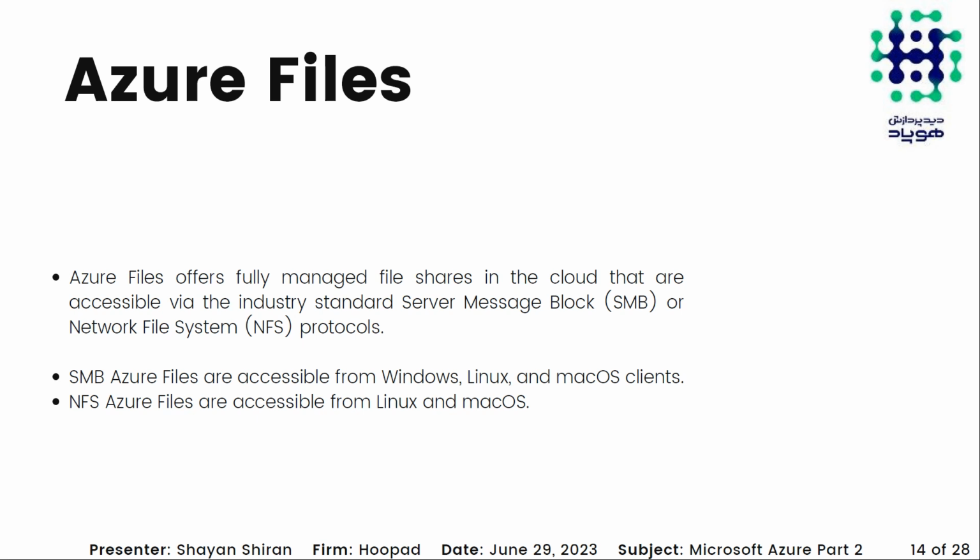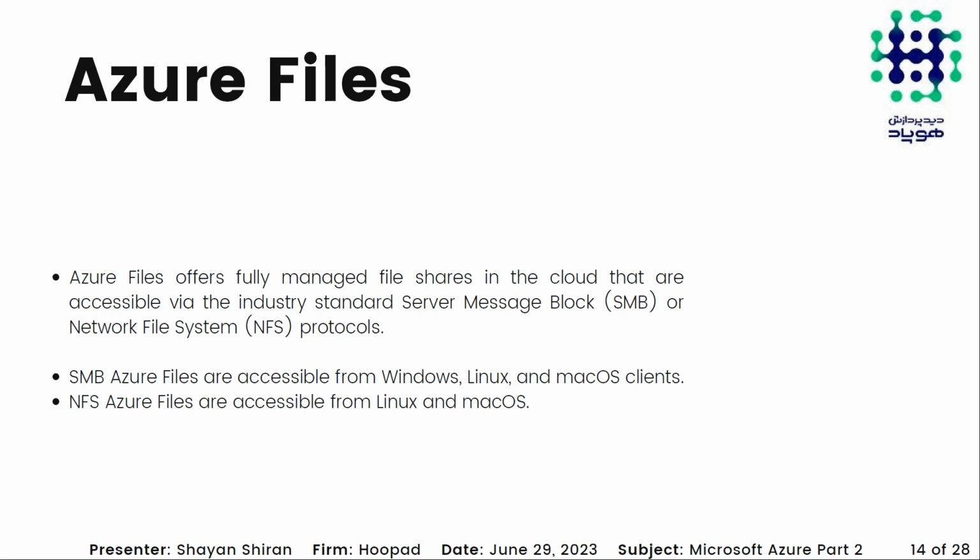The next Azure storage service is Azure Files, which offers fully managed file shares in the cloud that are accessible via industry standard protocols, for example, server message block, SMB for short, or network file system, NFS protocols. SMB Azure files are accessible from Windows, Linux, and Mac OS clients, whereas NFS is accessible from Linux and Mac OS.